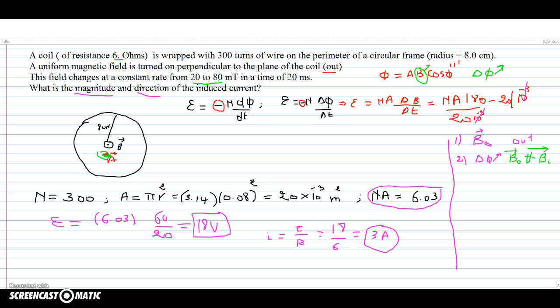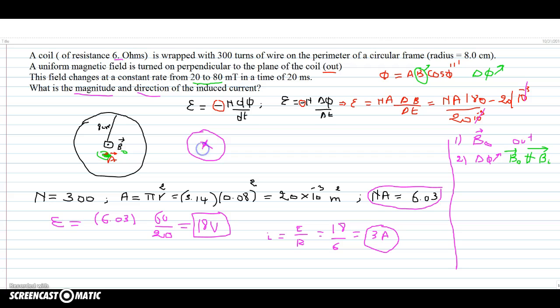In this case, the flux is increasing, so the circuit will create conditions that keep the flux low. The way to do it is to create a vector B that is against B original. This is B original, by the way, which is out, so B induced means in. Here is the situation now: a loop, and we have B in, crosses like this.